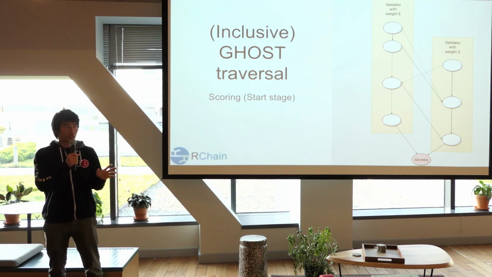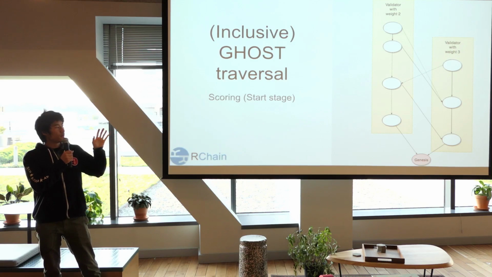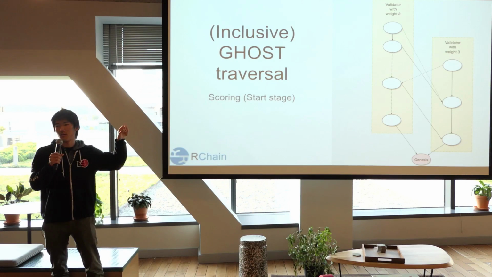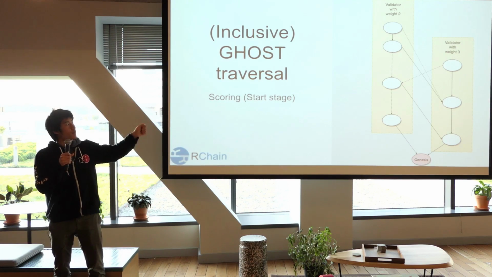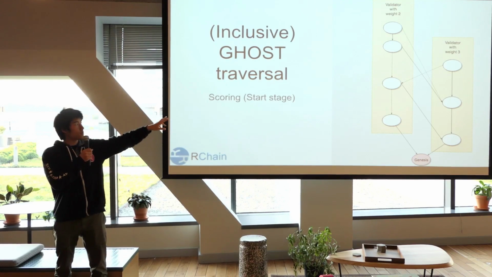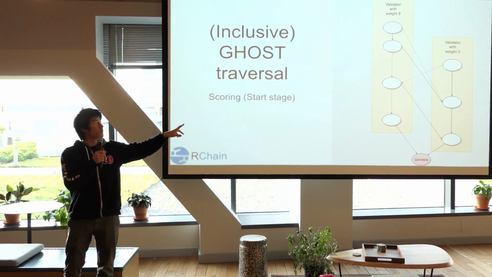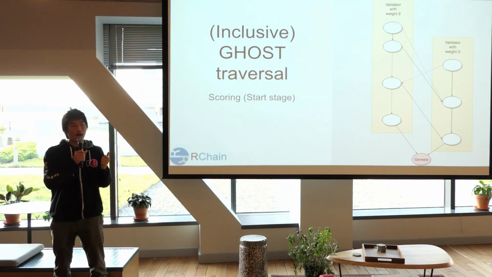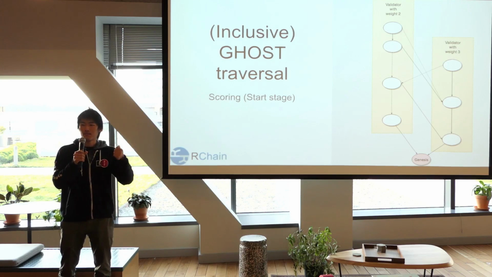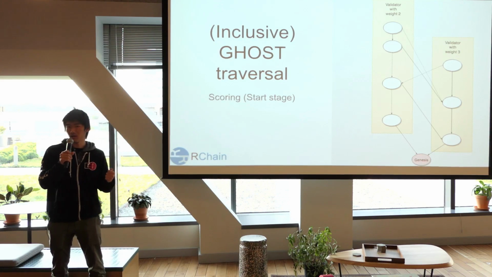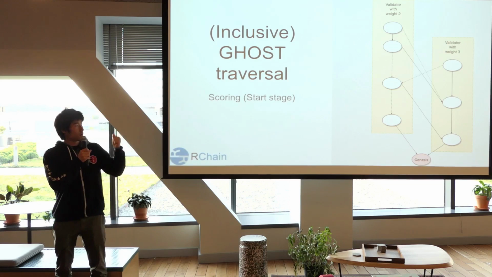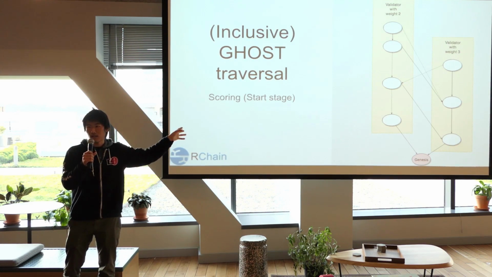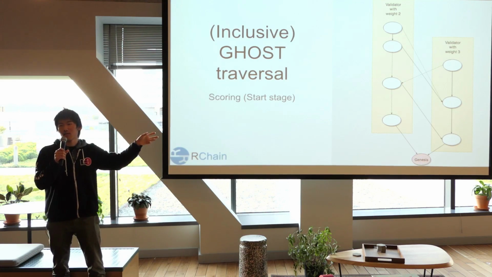To be clear about that, you should always see a dotted arrow from one block to every other column. So in theory, you should see two justification pointers here for each block, but you don't. That's because it's implied that the parent is one justification pointer. And if you don't see an arrow or a dotted line from one validator to another, it's implied that it's the same as the previous.